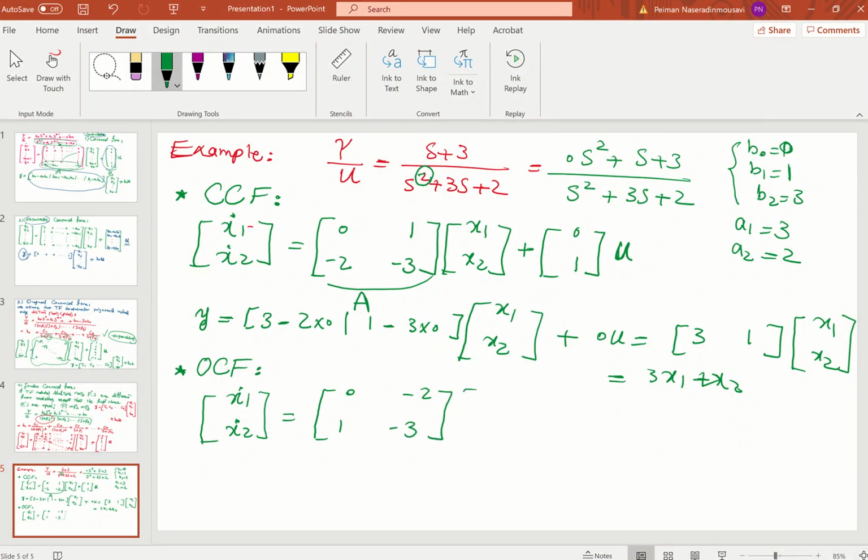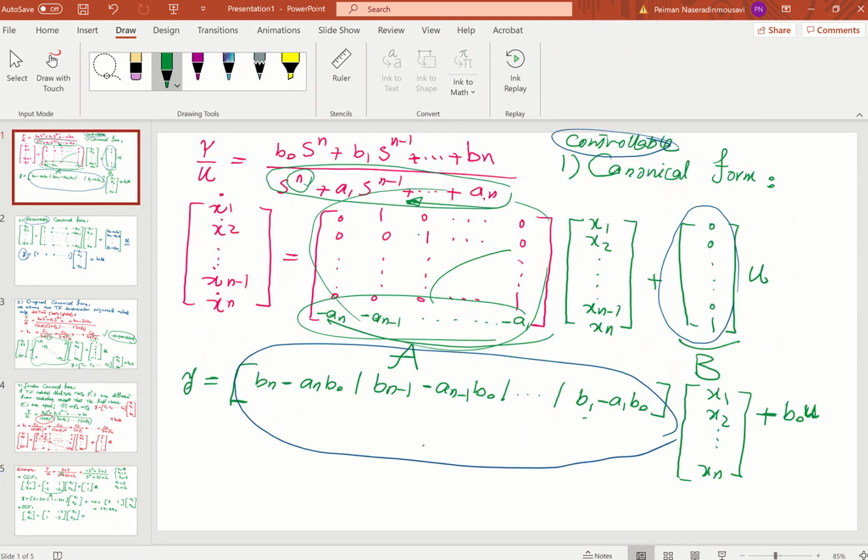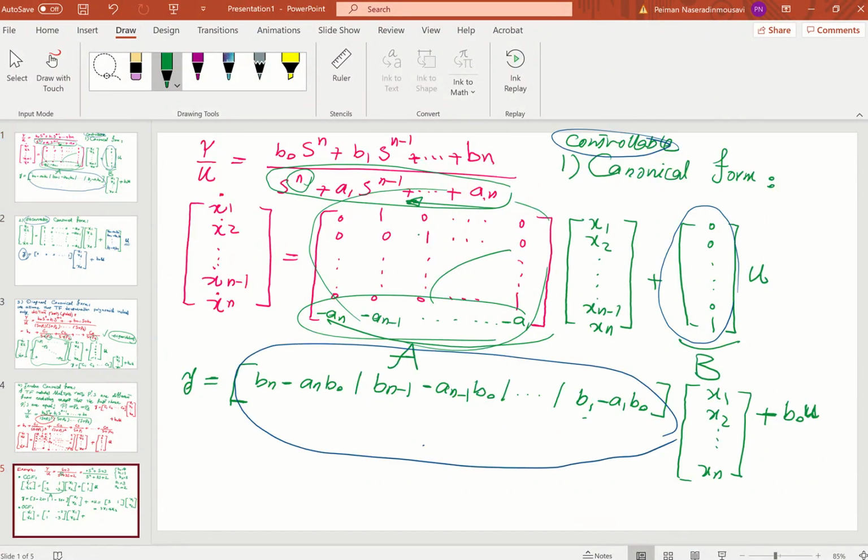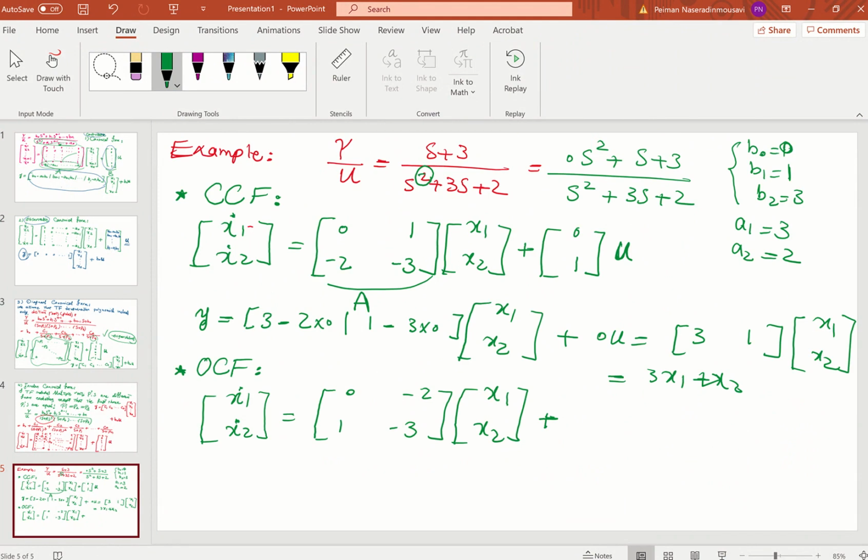You don't need to invent the wheel again. Plus, I told you to use the column version for the observable canonical form. Because you already calculated 3 and 1, you make it a column: 3 and 1. Simple like that. Understand?